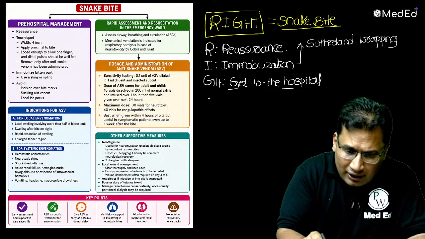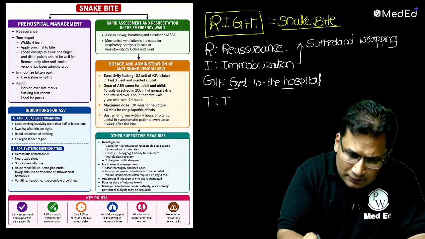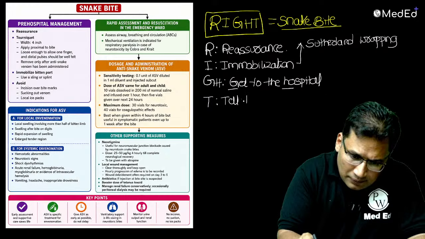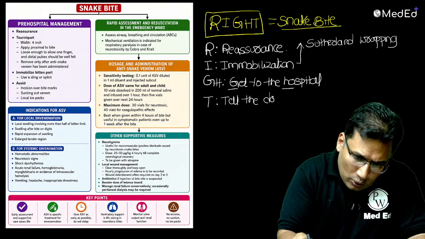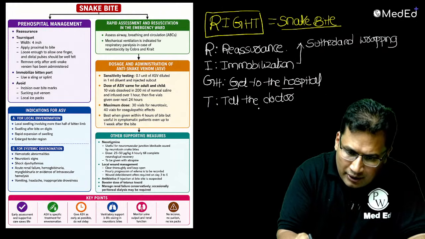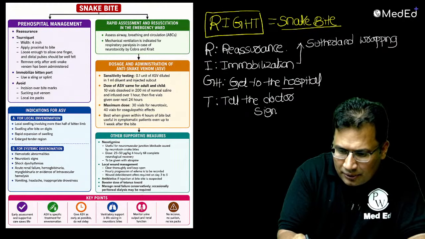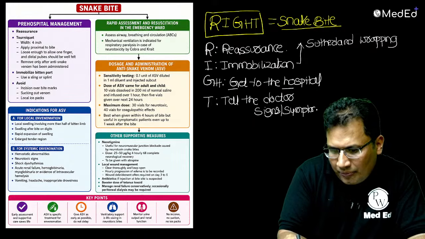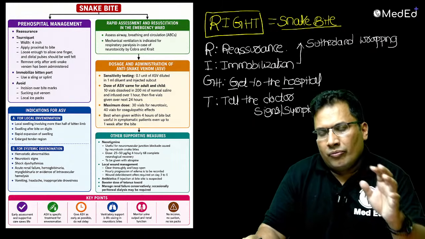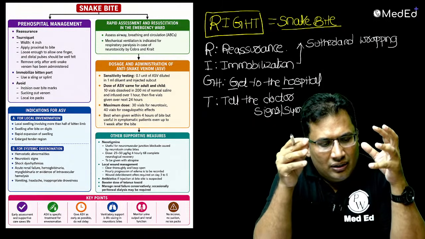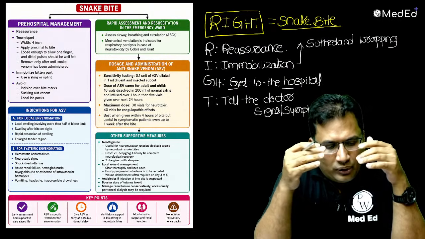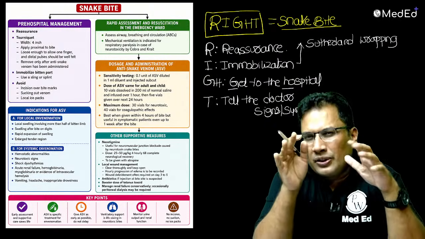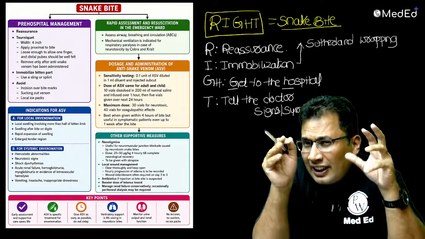And T for tell the doctor about signs and symptoms. For example, the history of the snake bite, type of snake, and about the signs and symptoms.